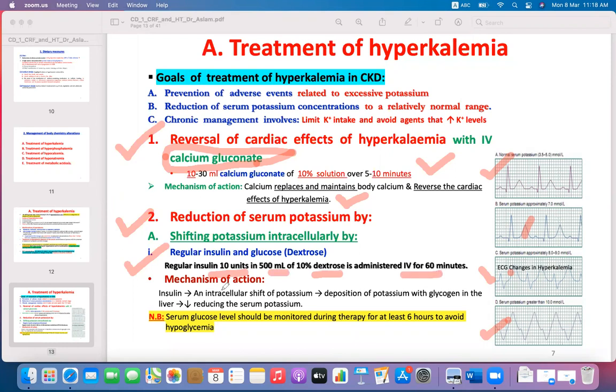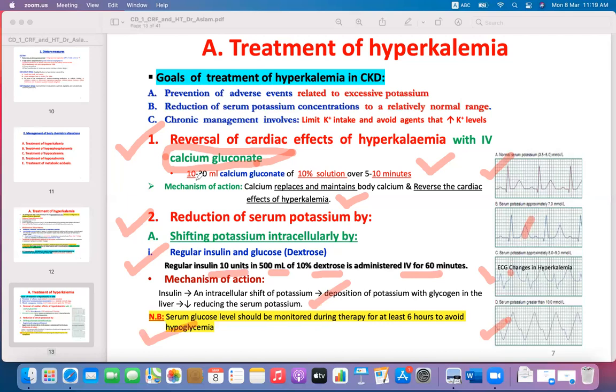And how does it act? Insulin causes an intracellular shift of potassium, with deposition of potassium with glycogen in the liver, and reduction in the serum potassium. But serum glucose level should be monitored during therapy for at least 6 hours to avoid hypoglycemia.